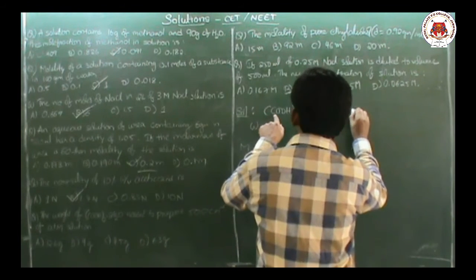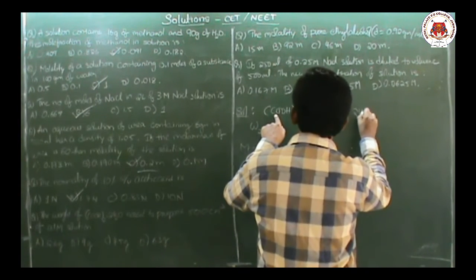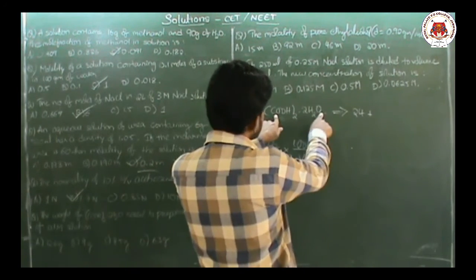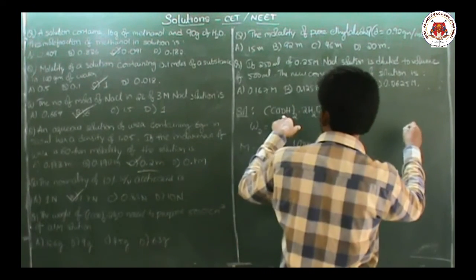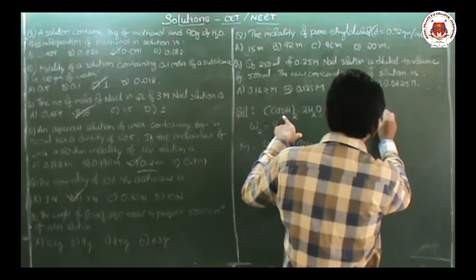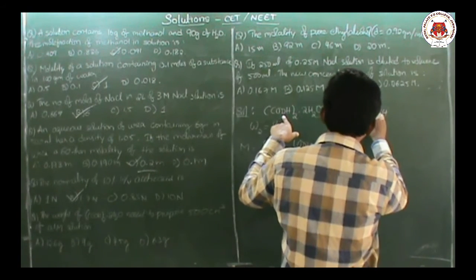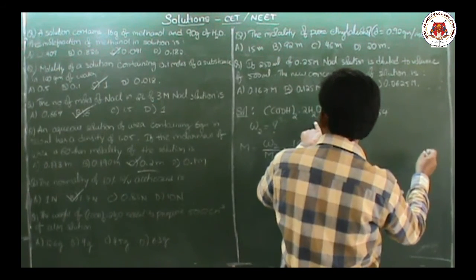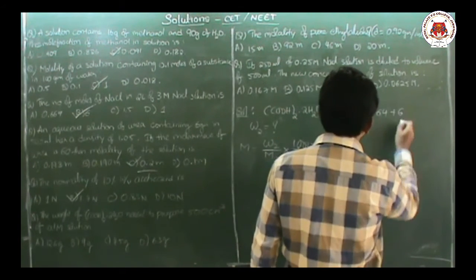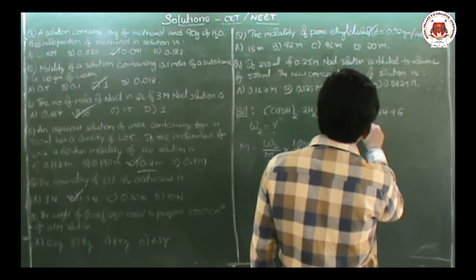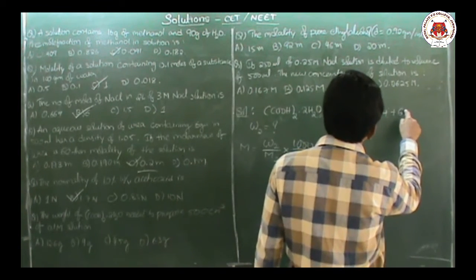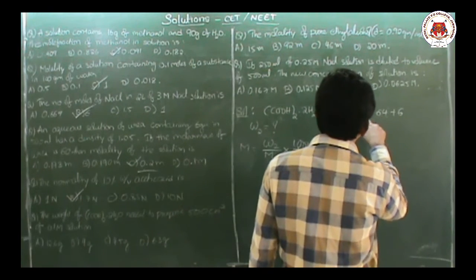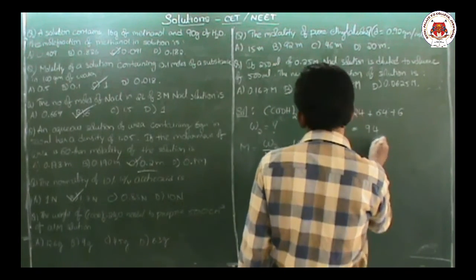There are 2 carbons, which is 24, plus 2 oxygens inside and 2 oxygens outside, so 4 oxygens, 64. Plus 2 hydrogens here and 4 hydrogens here, so plus 6. So 24 plus 64 plus 6 is 94.